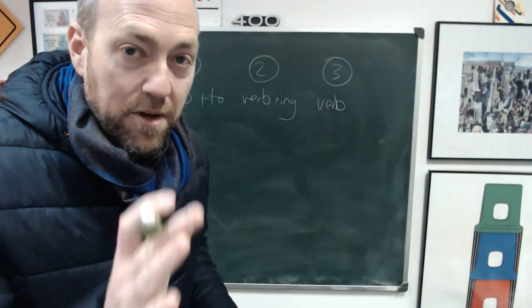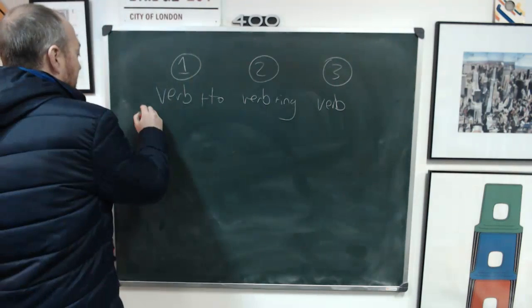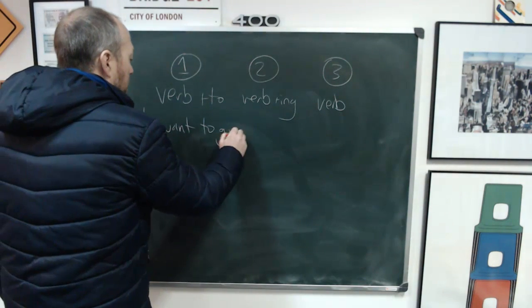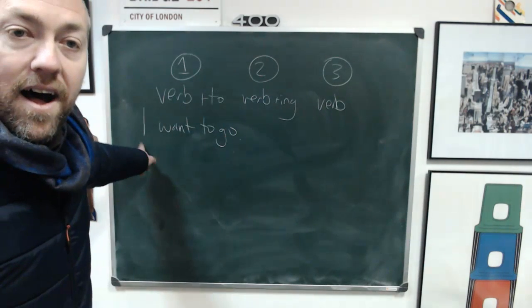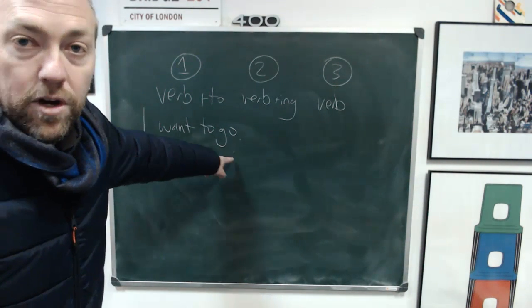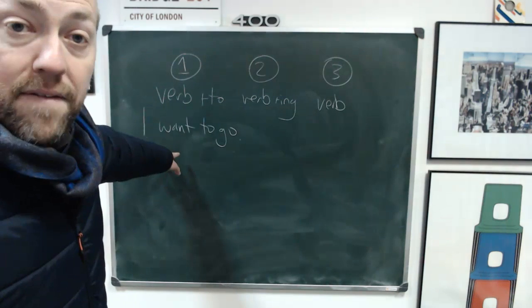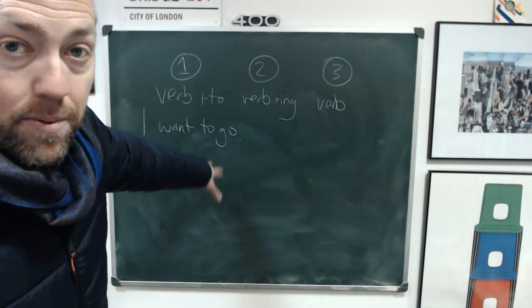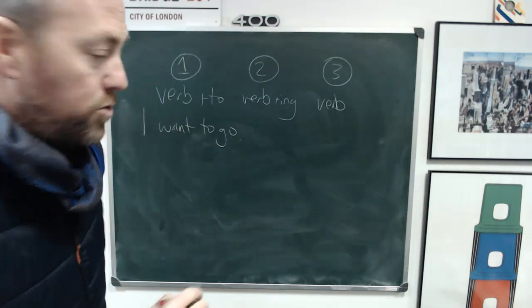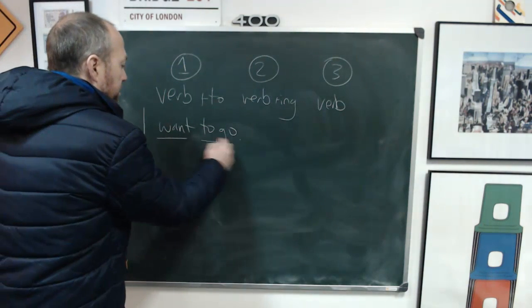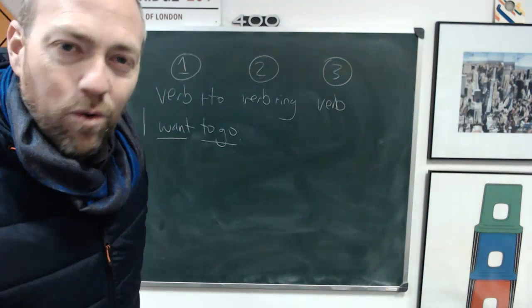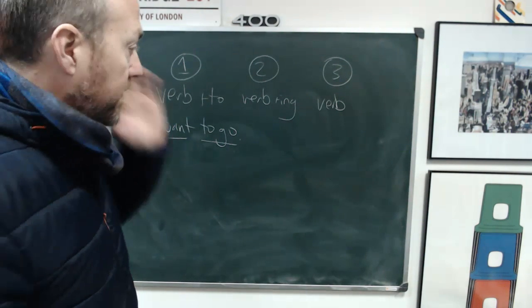Only the verb. So for example, I want to go. If you have the verb want and then you have another verb, it will always be with to. Want to go, okay? Want, always with to, always.